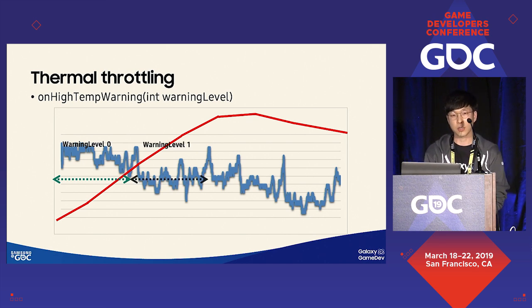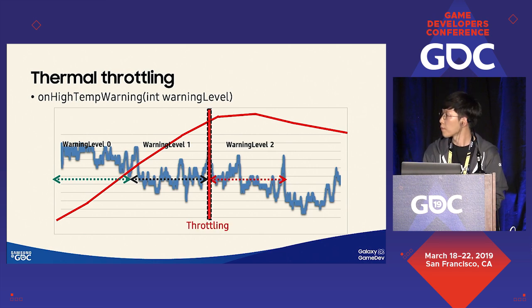Warning level 1 means the device temperature has risen to a certain level, so thermal throttling will approach soon, and it is necessary to take action to reduce temperature. And warning level 2 means thermal throttling has started. So using this API, you can predict thermal throttling timing. So now you can do something in your game.